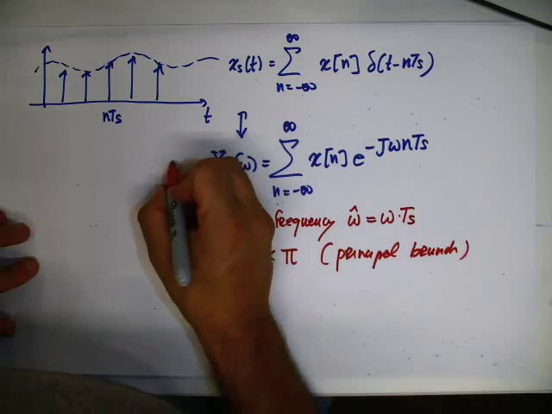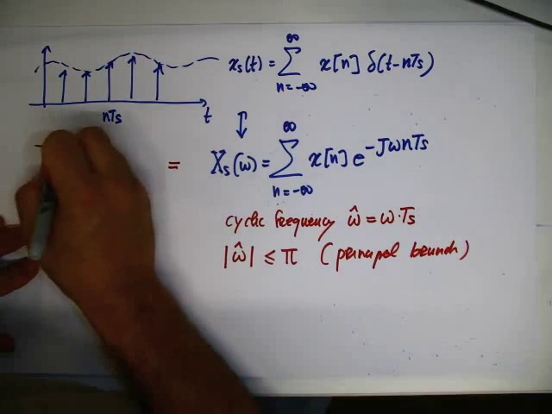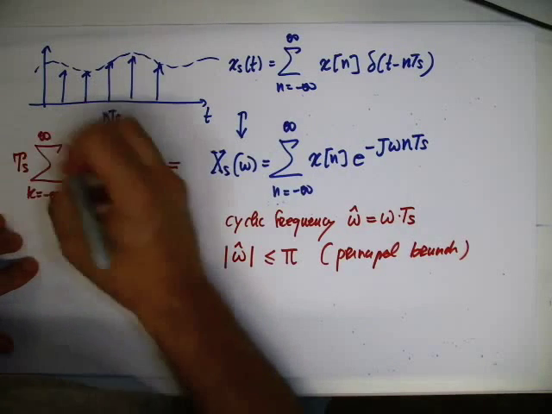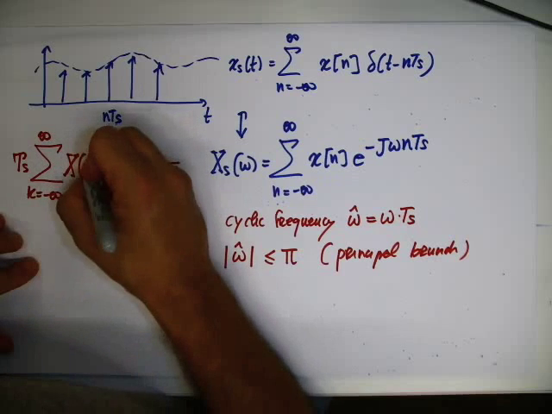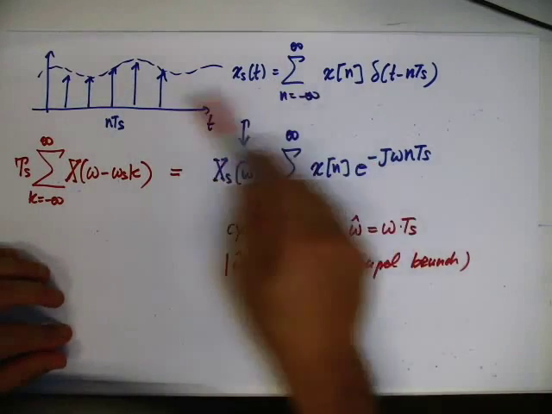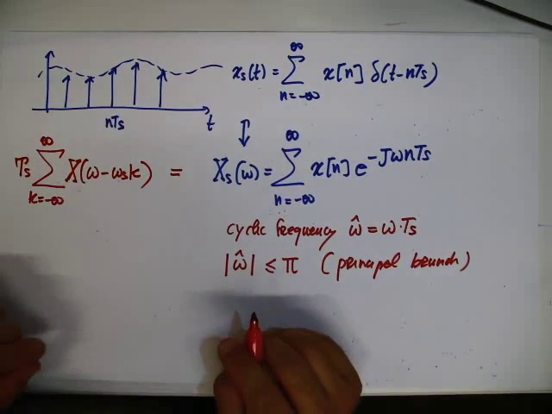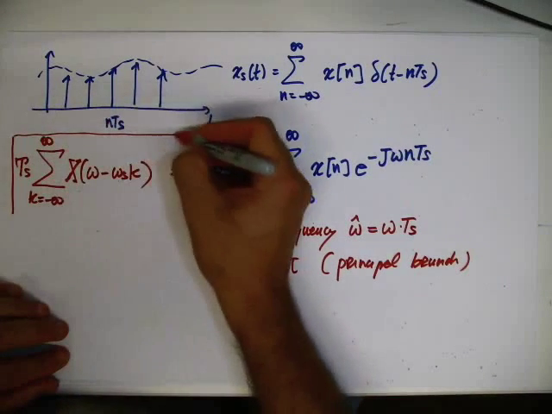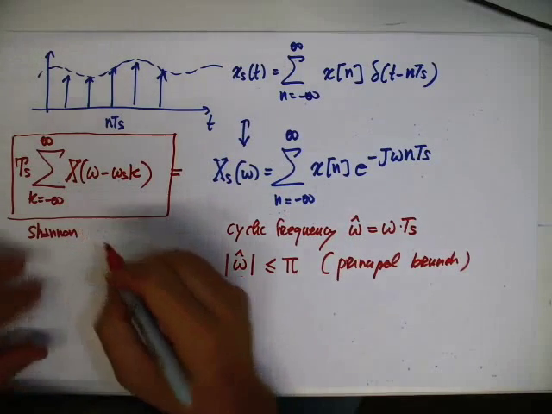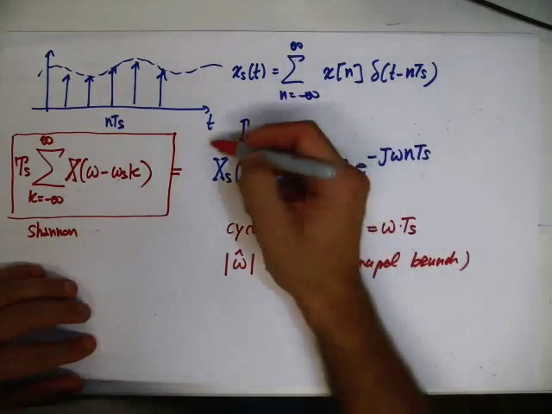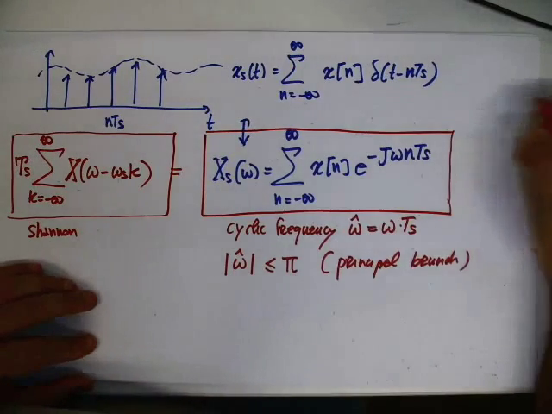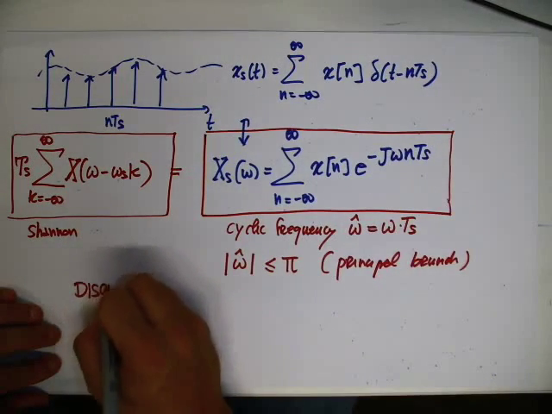Because we have also seen that an alternative form of this Fourier transform is given by the infinite sum of shifted copies of the original Fourier spectrum of the continuous signal x. This was the starting point to introduce the Shannon theorem. Instead, the formulation here is more appropriate to define the discrete-time Fourier transform.